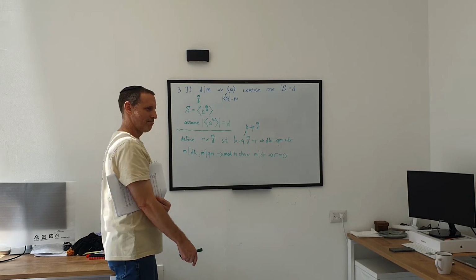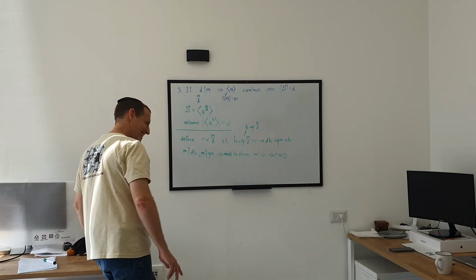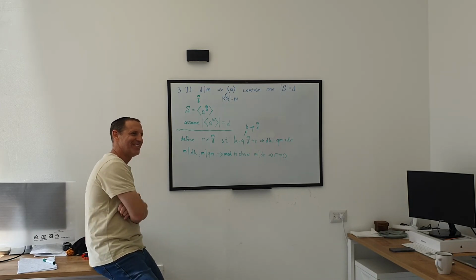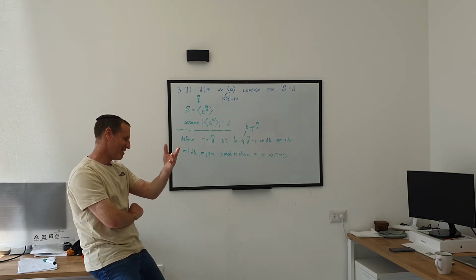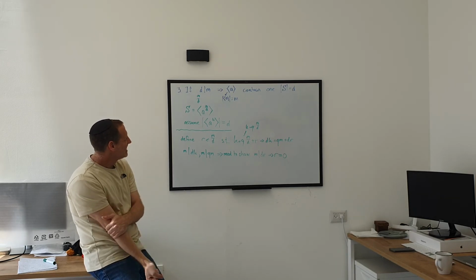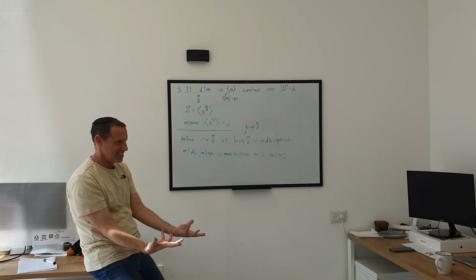Okay, go ahead. You've shown that a to the k can be generated by a to the m/d. Then it's the same subgroup, right?